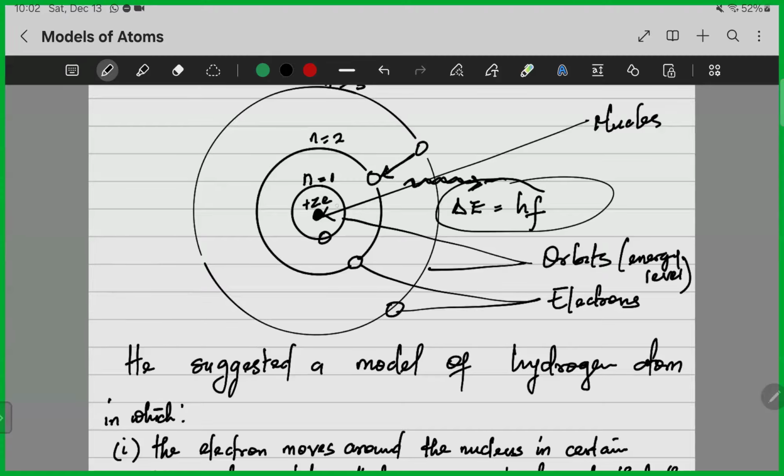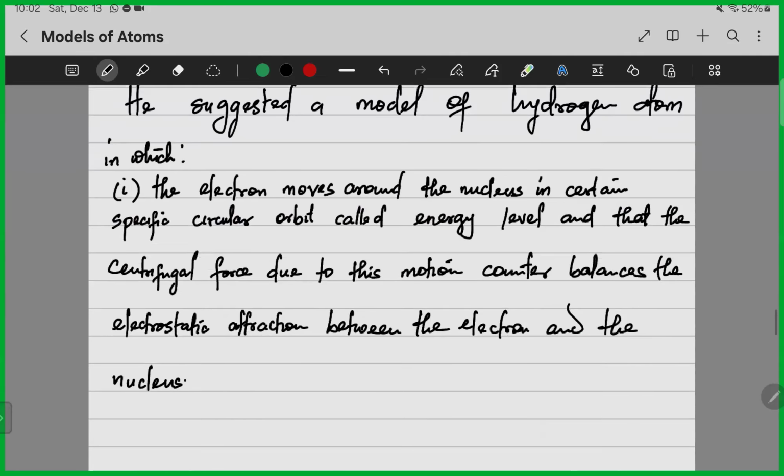So if the nucleus is positively charged and electrons are negatively charged, there's definitely a force of attraction between them. We've established that the electrons move in orbit, but the centrifugal force must balance the electrostatic force of attraction between the electron and the nucleus. Let's now continue making a point there.